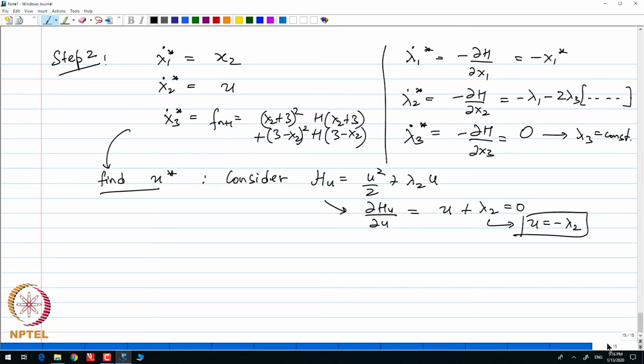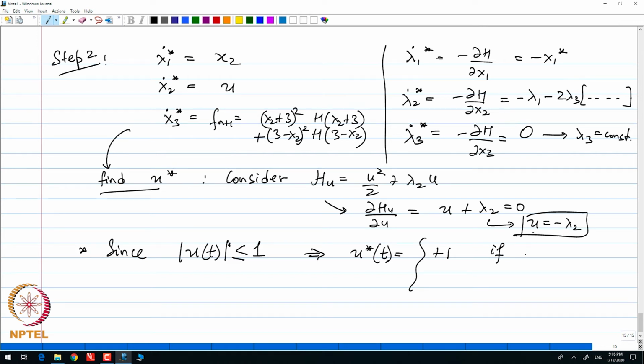So, note that since u of t is bounded above by 1, I see that my constraint variable u star of t is plus 1 if, notice that u is minus lambda 2.